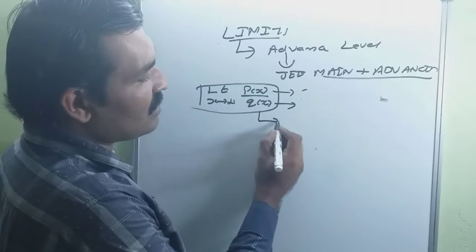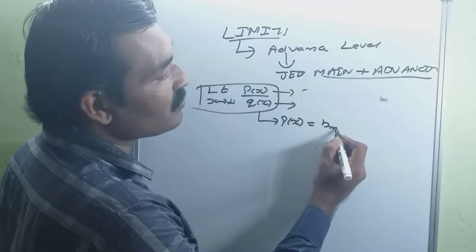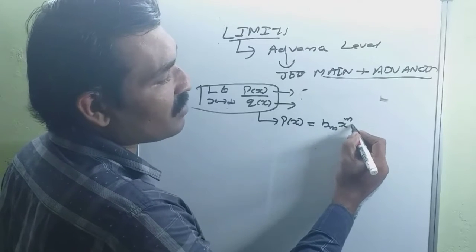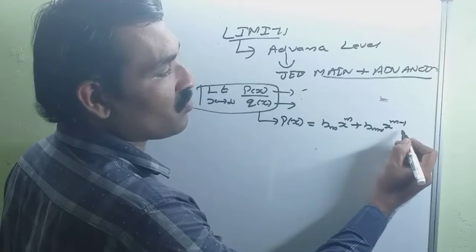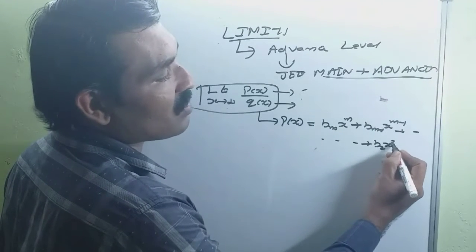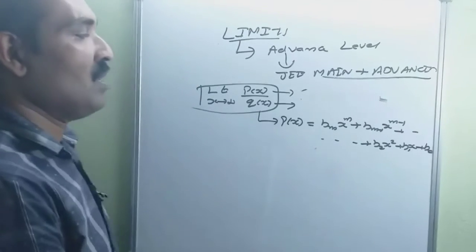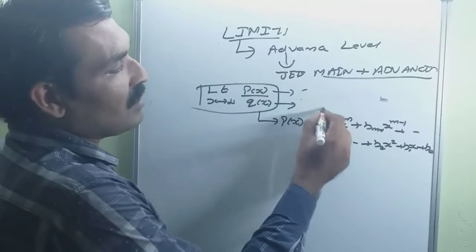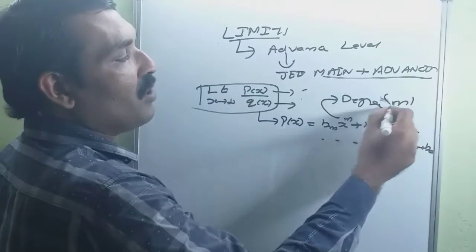Right. P of x is a polynomial given by bm x raised to m plus bm minus 1 x raised to m minus 1, this goes on, plus b2 x square plus b1 x plus b naught. And similarly, this is a degree m polynomial.